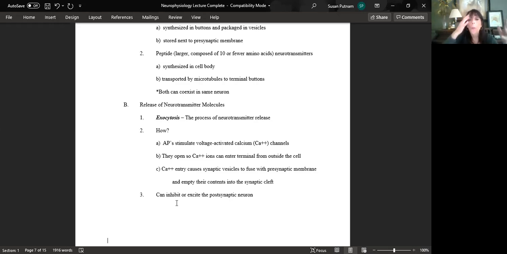So we're going to open up those calcium channels. When those calcium channels open up, calcium ions enter. And when the calcium comes into the button, it causes those synaptic vesicles, those little baggies of neurotransmitters, to fuse with that presynaptic membrane and empty their contents into the synaptic cleft, that space.